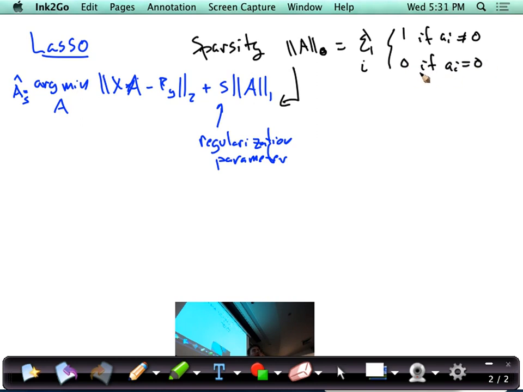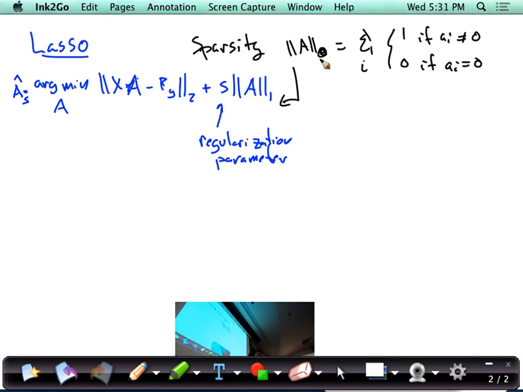So if it's not 0, I get a penalty. If it's 0, I don't get a penalty. I just count the number of non-zeros, and I have more penalty the more non-zeros I have. So people would like to minimize this A0 norm.